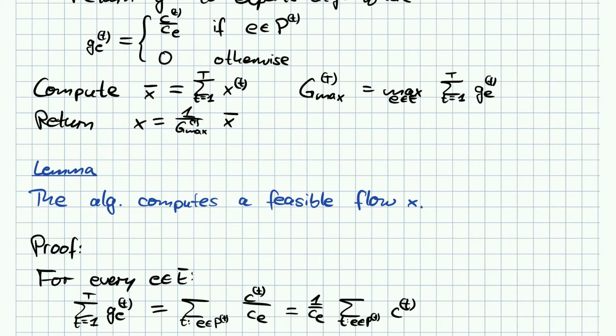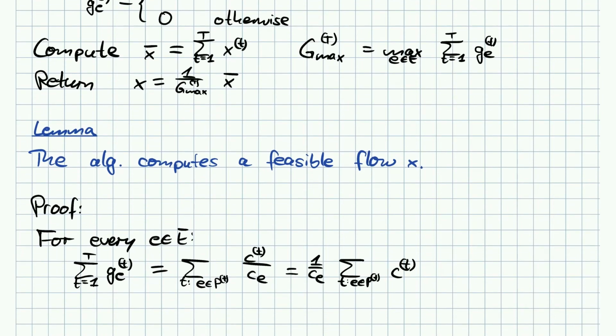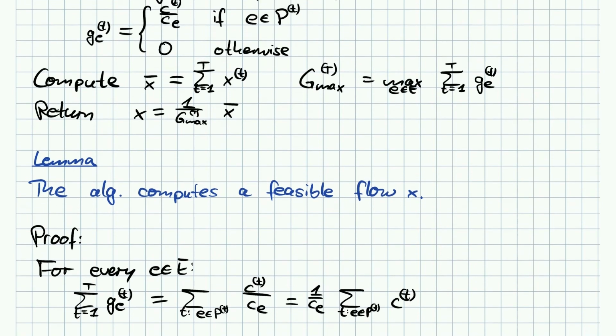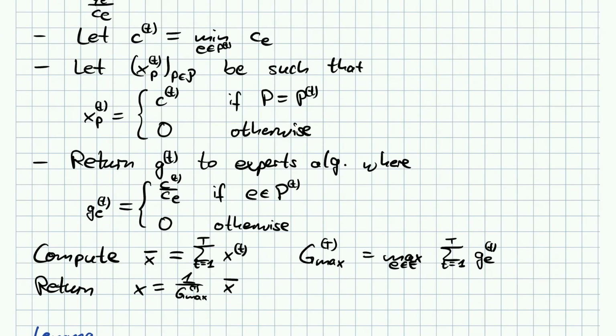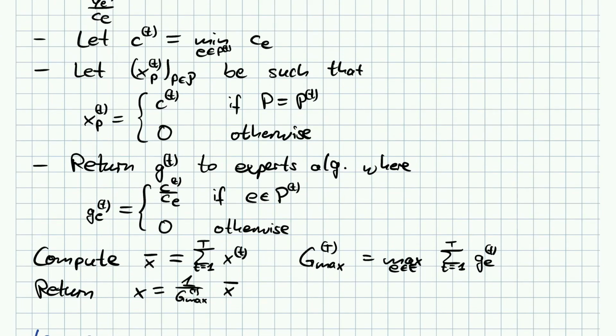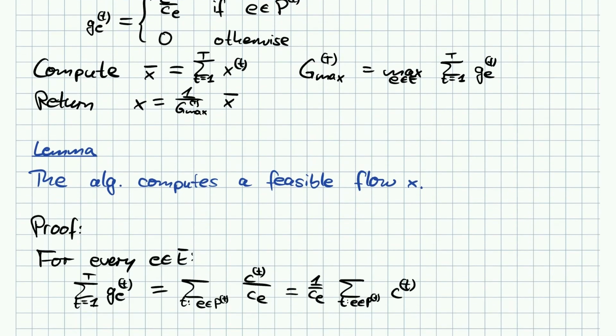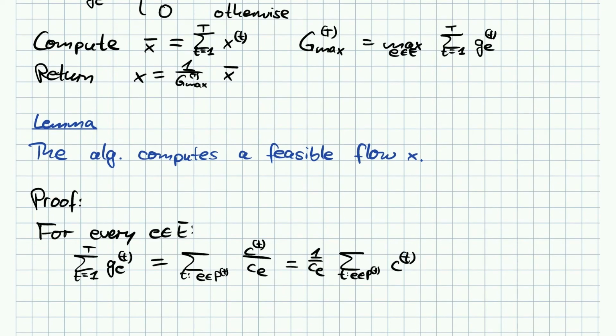Now, how can we rewrite this here? This c_t, if you recall, is exactly the flow that we're sending along the path p_t. So what is it that we're summing up here?